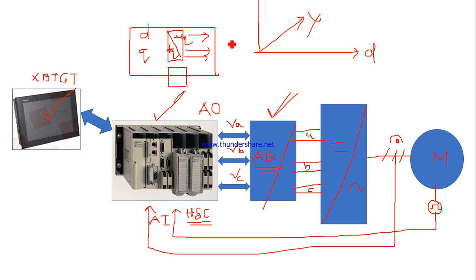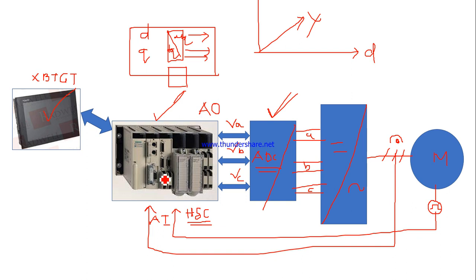So this is the basic scheme. In the microcontroller we can do all these things, but for industrial application, these products, these are Schneider products, and all these things are proven for industrial application.